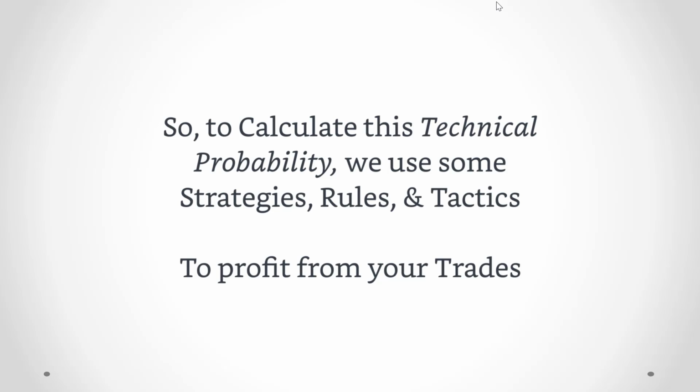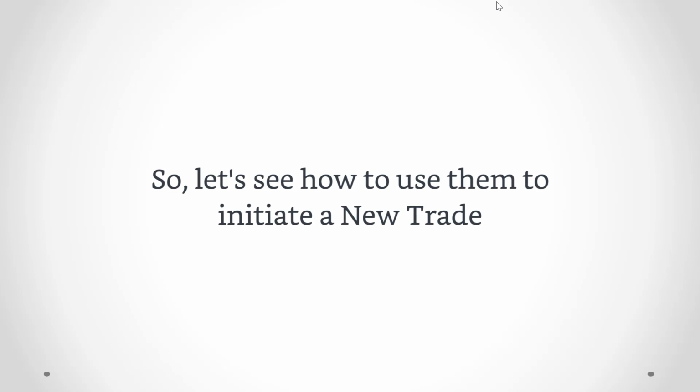For this, we employ some logic, some strategies, and some tactics to know whether the stock would go up or down in the future. So, from this video on, we're going to talk about initiating a real trade position. In other words, you're going to learn where to buy or sell a stock using technical analysis.